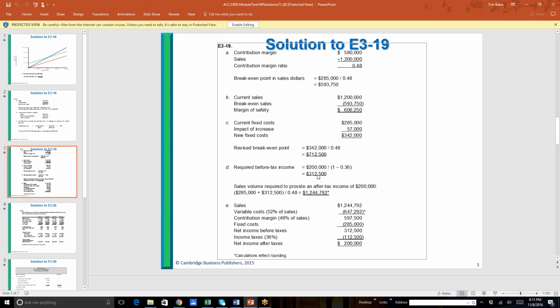This is what we want the before tax to be. Just think of it this way, 312,500 times 64% is going to be 200,000. So it's just working that part of it backwards.